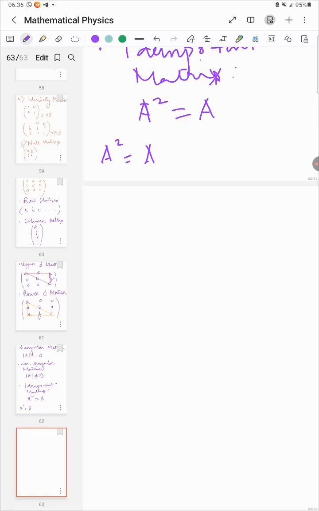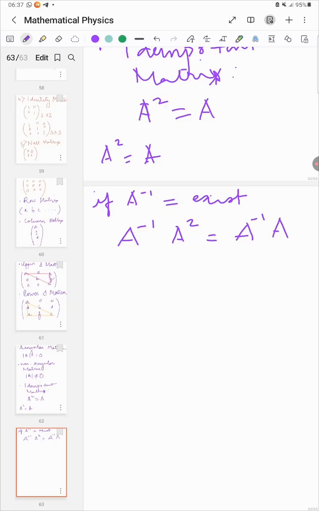Now let us consider that A inverse exists. So if A inverse exists, we can multiply A inverse from the left hand side on both sides of the above equation.